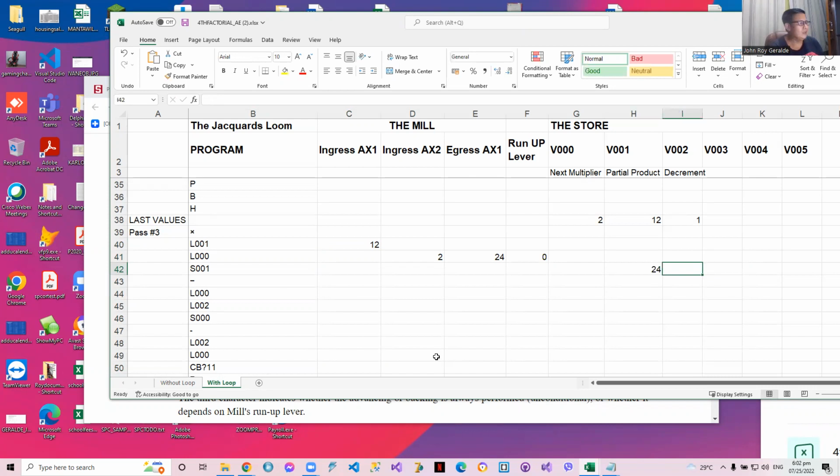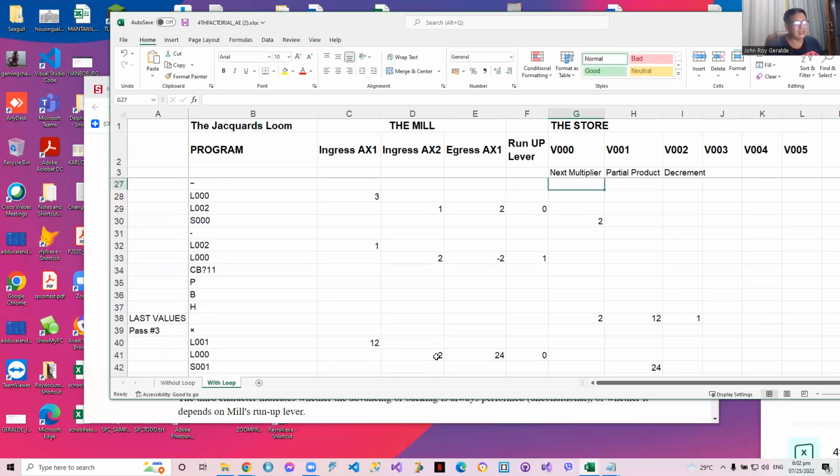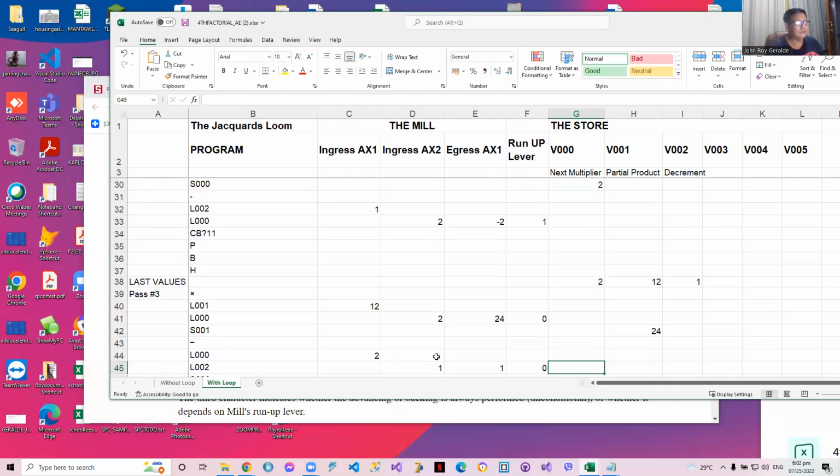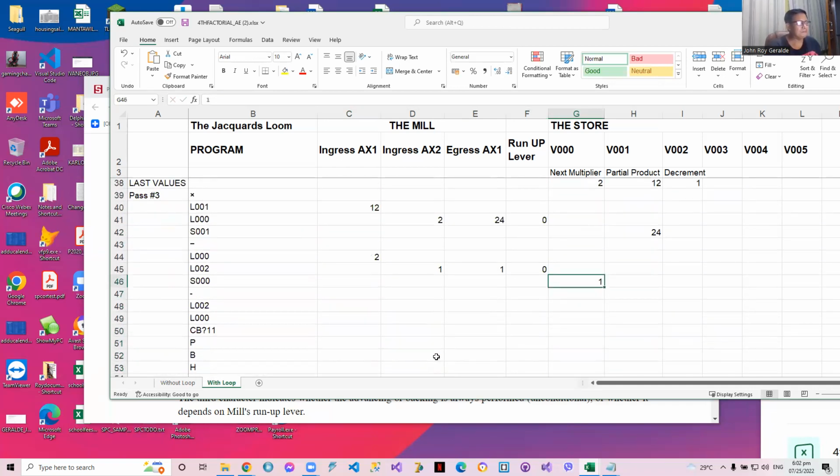And then we minus. We compute for the next multiplier. L000 is 2. L002 is 1. 2 minus 1 is 1. Run-up lever is 0. And then we have S000. This is our next multiplier, 1. Take note, our multiplier is descending, from 3 to 1. Okay?